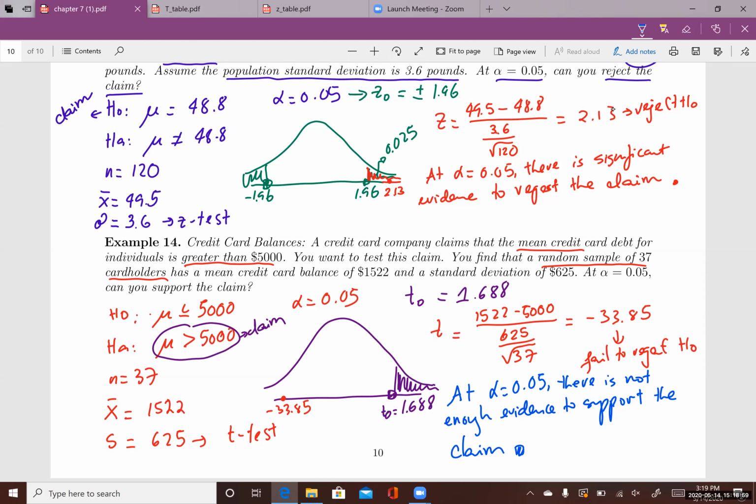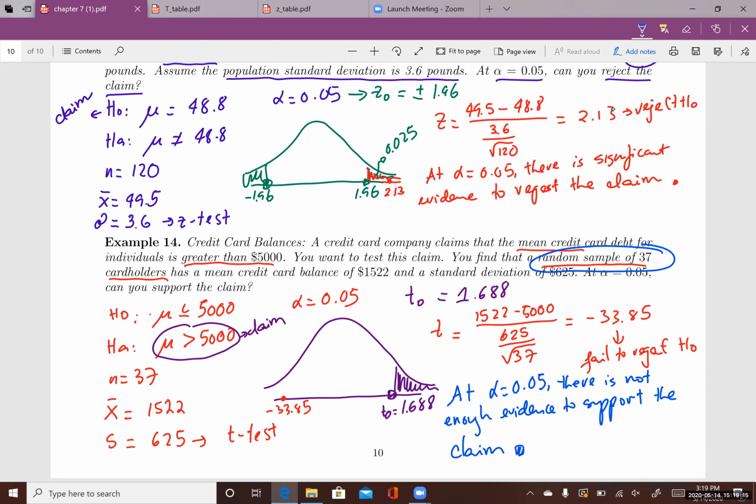It is not statistically significant, so you don't have enough statistically significant evidence to support the claim using this random sample of 37 individuals.